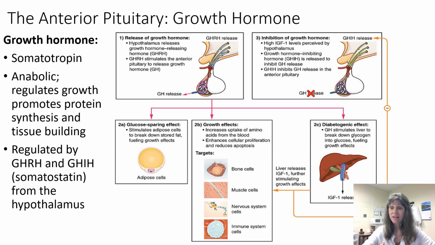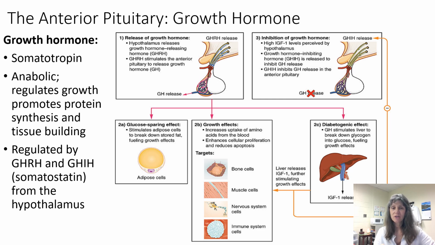And when the hypothalamus perceives higher levels of insulin-like growth factor 1, it actually causes the hypothalamus to produce growth hormone inhibiting hormone, which would then be released to the anterior pituitary to stop the continuous release of growth hormone. And that's the negative feedback loop.